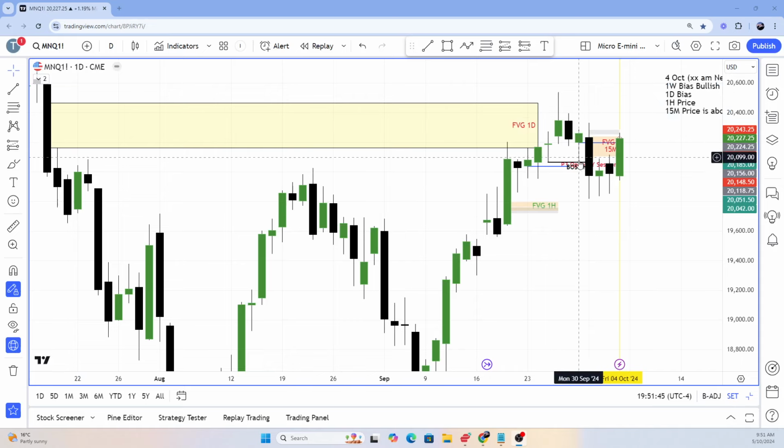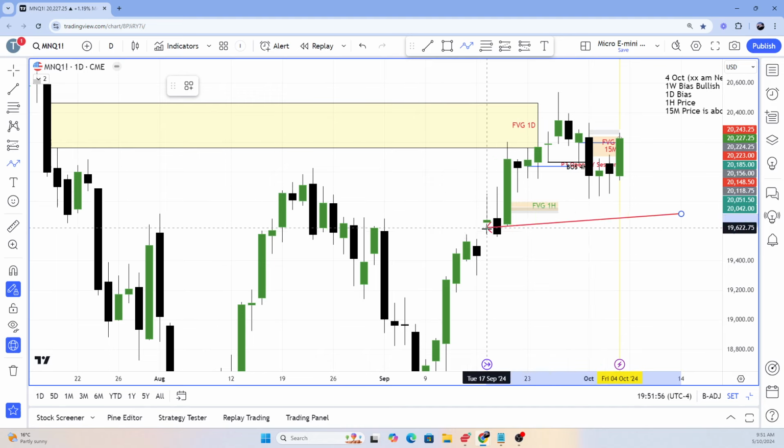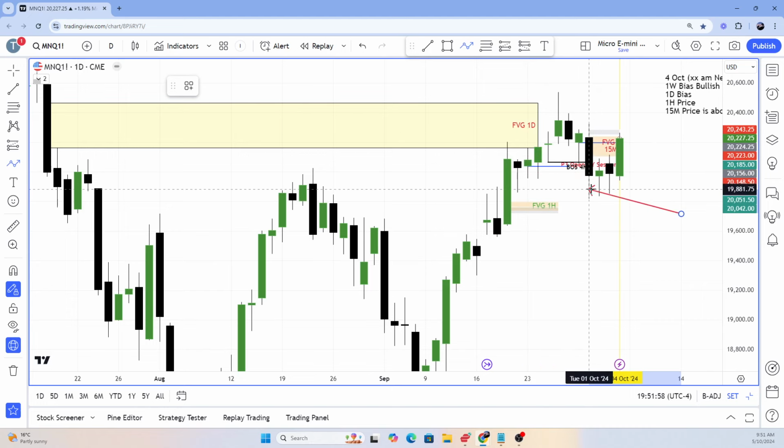So looking at the daily chart, we can see that there are some wicks seen here. And you can see in this price leg, this was a retracement in the daily chart. And in that, you can see this candle formed a swing low, because the high of this candle is above this, and this one, the low is above this, and the low of this candle is above this.